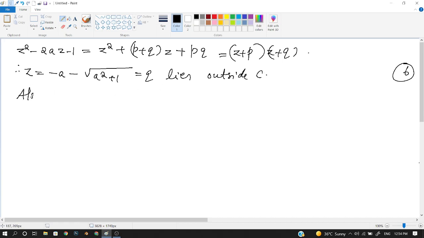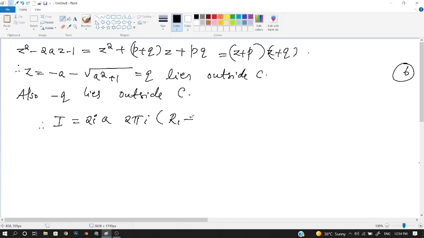Also, minus q lies outside C. Therefore, I equal to 2ia into 2 pi i into the sum of the residues.